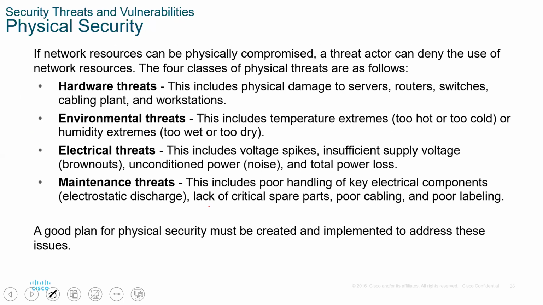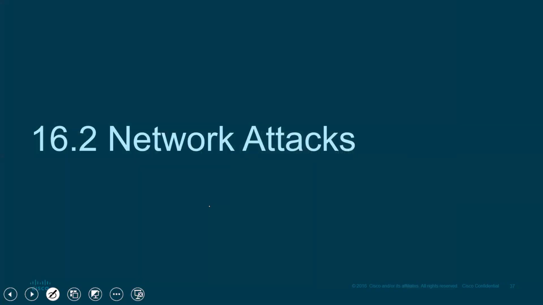Physical security: if network resources can be physically compromised, a threat actor can deny the use of network resources. The 4 classes of physical threats are hardware threats, environmental threats, electrical threats, and maintenance threats.